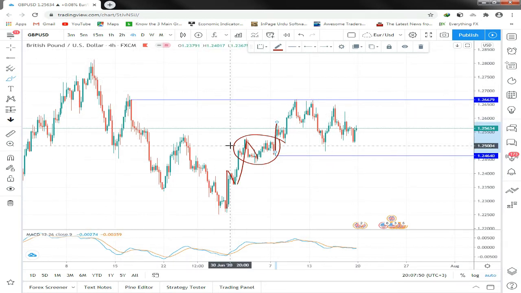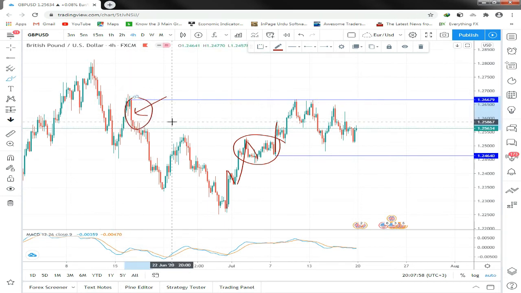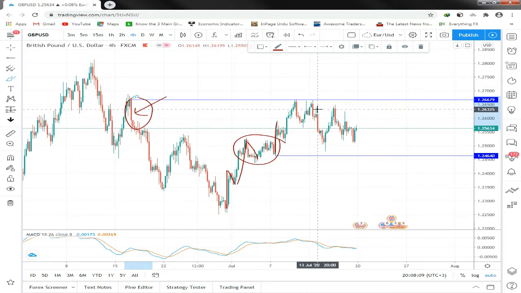And this area is a strong bearish zone, because you see here the size of the candle, the momentum and the strength of the bearish move. So that's why I considered it a strong resistance zone, and the price was moving as expected.